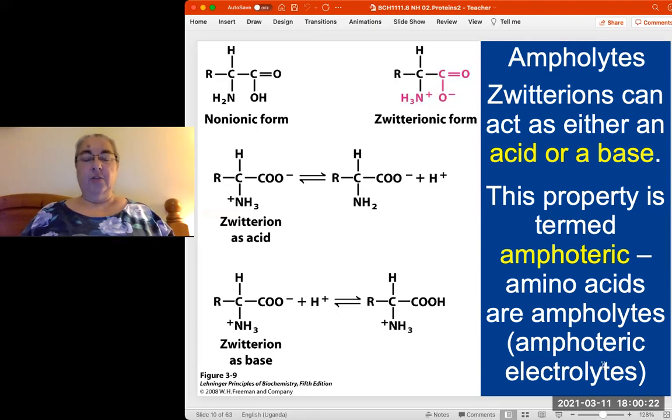Okay, so an electrolyte is a charged molecule. So you'll see here that different parts of a molecule have a different charge. Here we have a positively charged amino group. Here we have a negatively charged carboxyl group. And this property of amino acids is quite important biologically, as we'll go on to see.